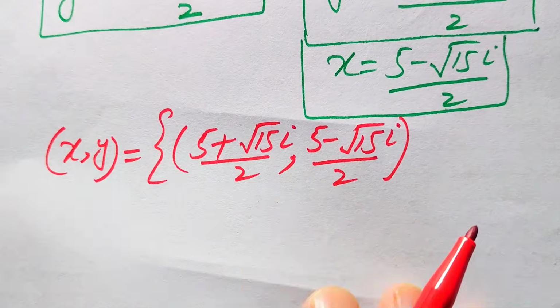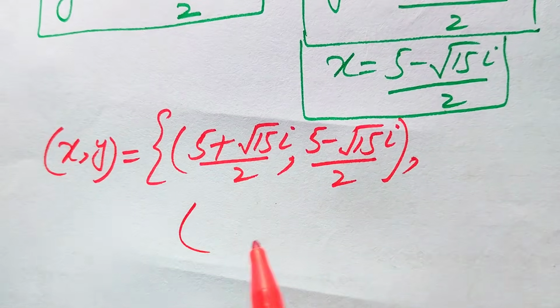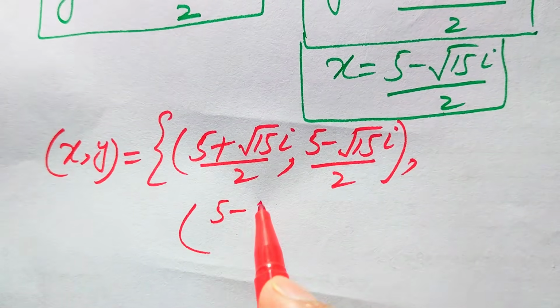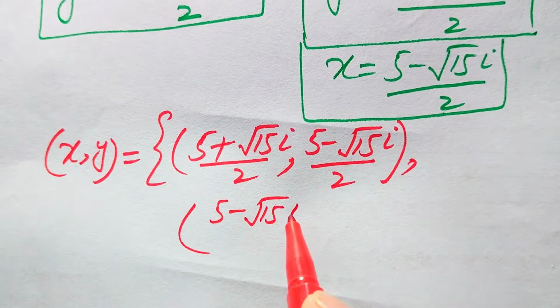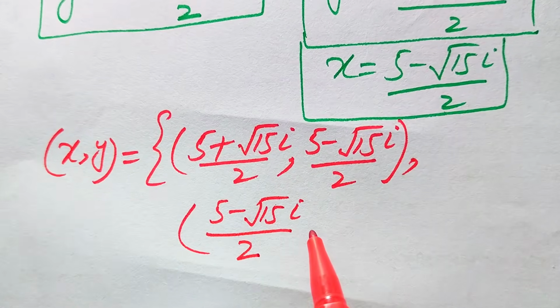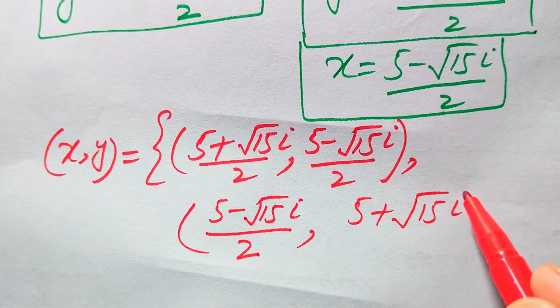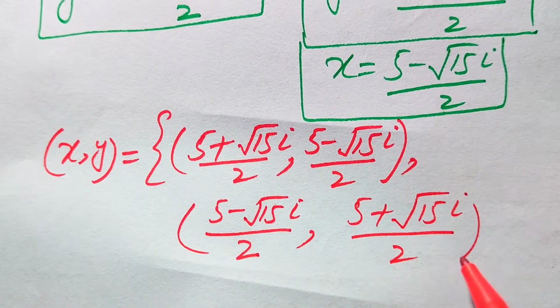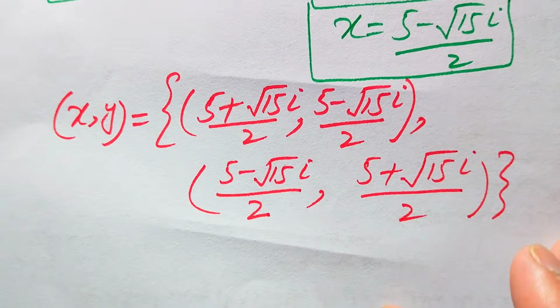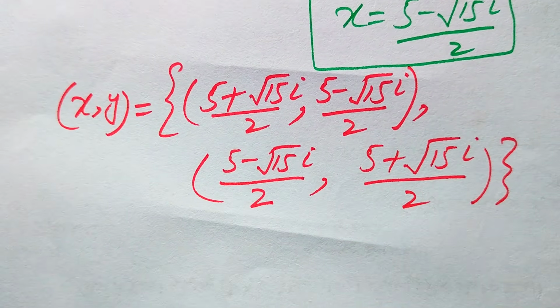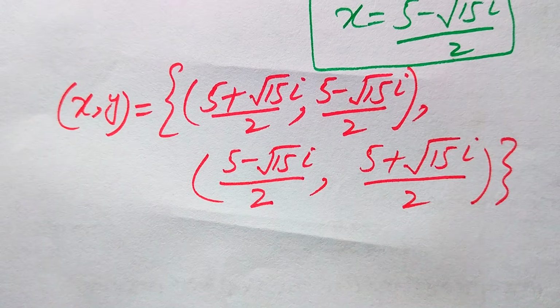Secondly, the second ordered pair of solution is (5 minus square root of 15 iota) divided by 2, and the value of y is (5 plus square root of 15 iota) divided by 2. So these are the two values of x and y which we obtain here.